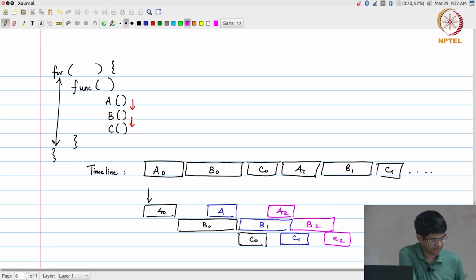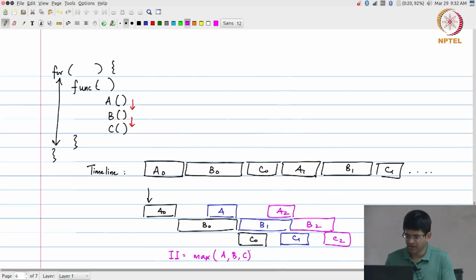Okay. So, effectively the initiation interval becomes equal to the max of A, B, C latencies rather than the sum of the A, B, C latencies. Okay. This is in fact how you can actually do it in hardware. Okay. So, let us put this into practice.